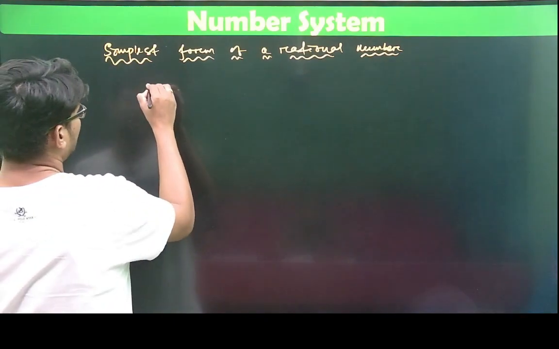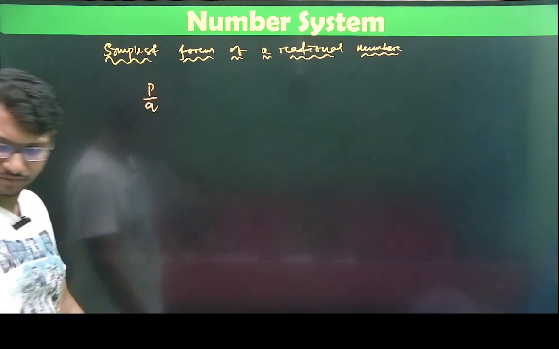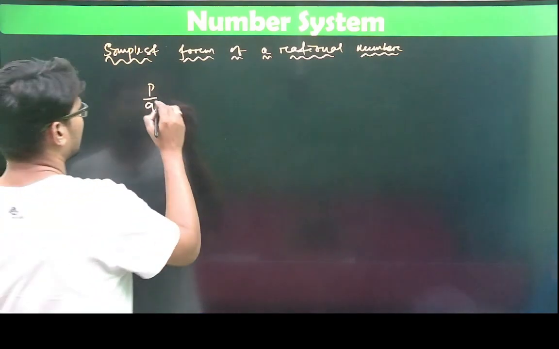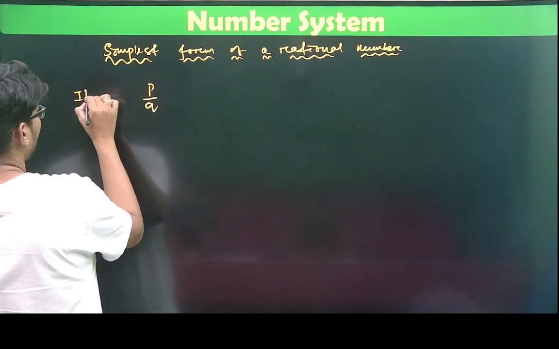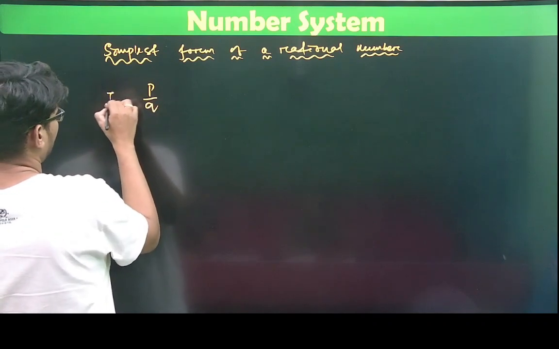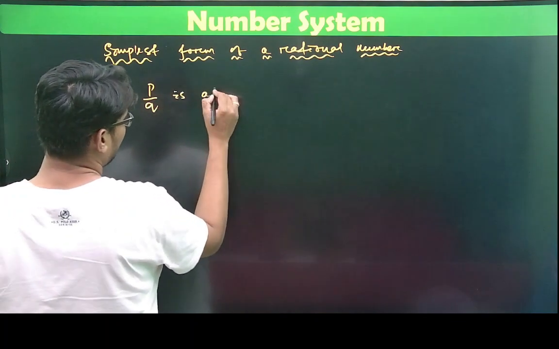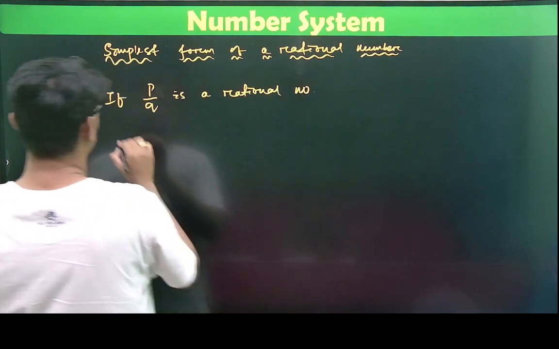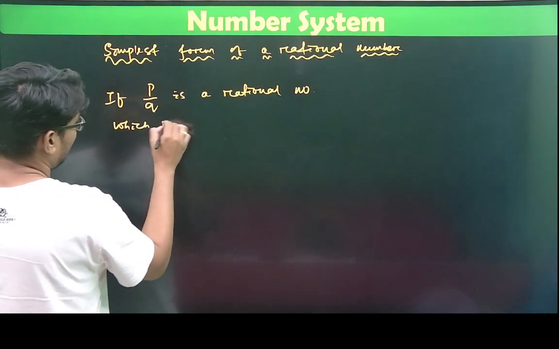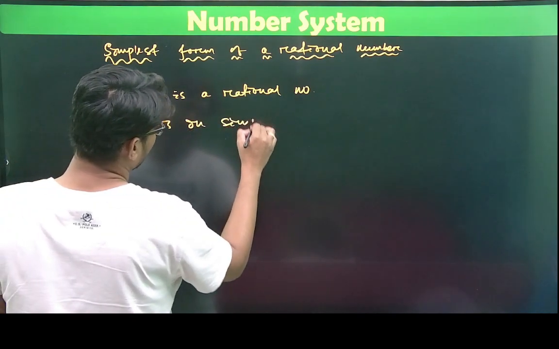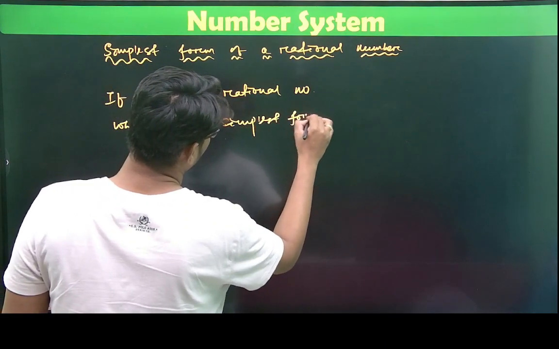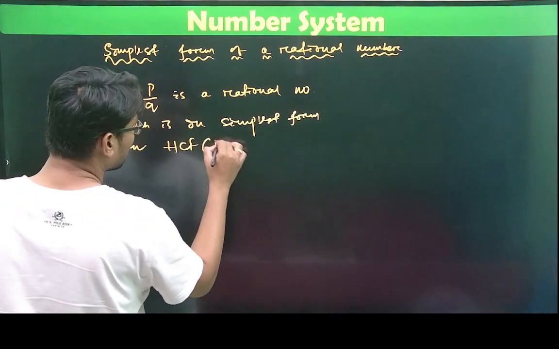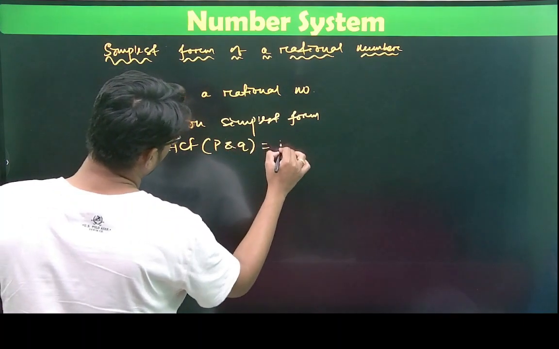What is the simplest form? Simplest form means, if I am writing P by Q as a rational number, and if that is in simplest form, then the HCF of P and Q is equal to 1.